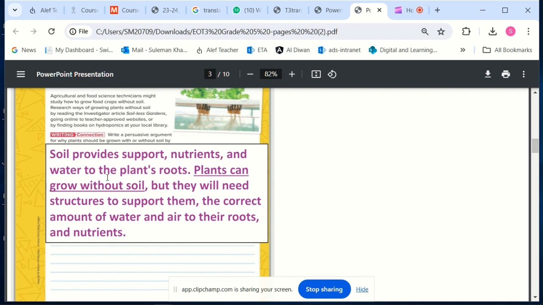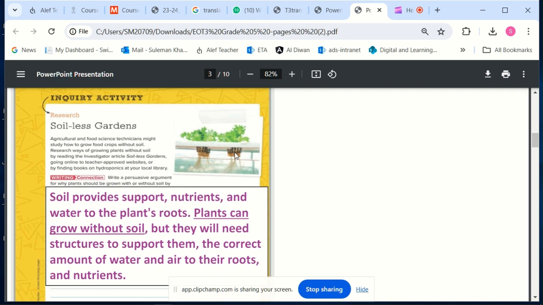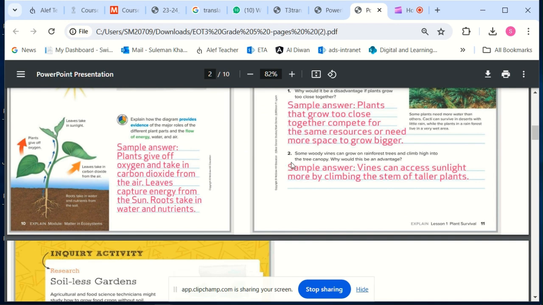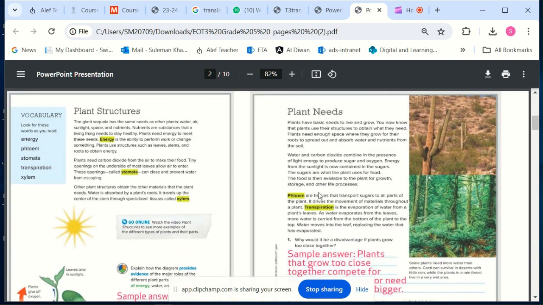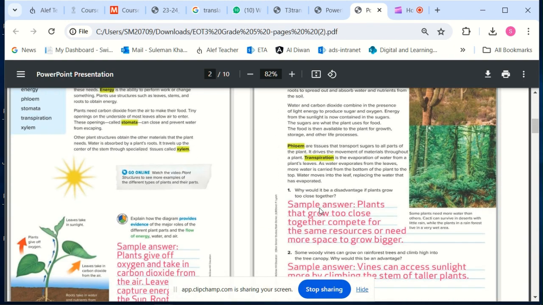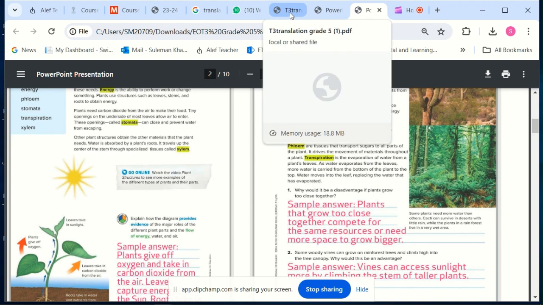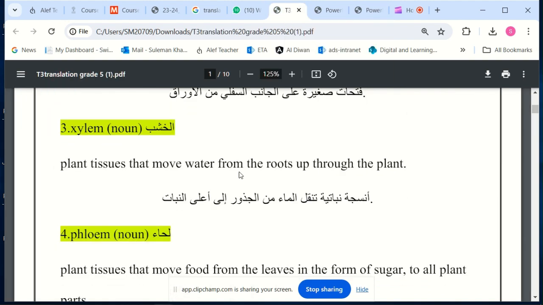Okay, so instead of turba, we can grow it in water solution mixed with food that the plants need. Okay, so another thing is kalima is transpiration. Transpiration is when the plant lose water from the leaves.